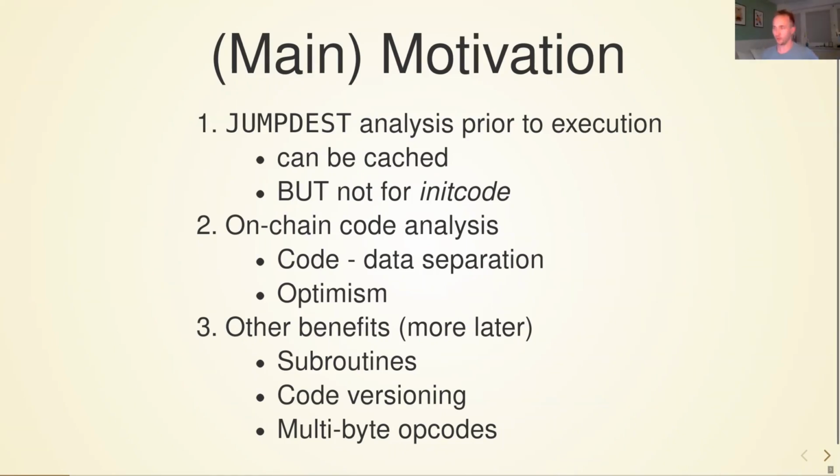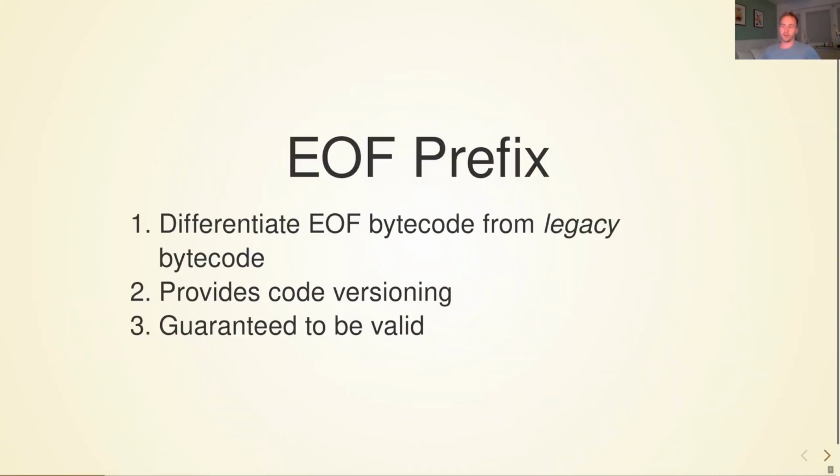Okay, yeah, thanks for the help, Alex. So now I will try to give an overview of how this EOF works, and the core part is the EOF prefix, which is some set of bytes at the beginning of the deployed account code. This is a way to differentiate the legacy code that doesn't have any structure, doesn't have this prefix, from the new prefixed bytecodes.